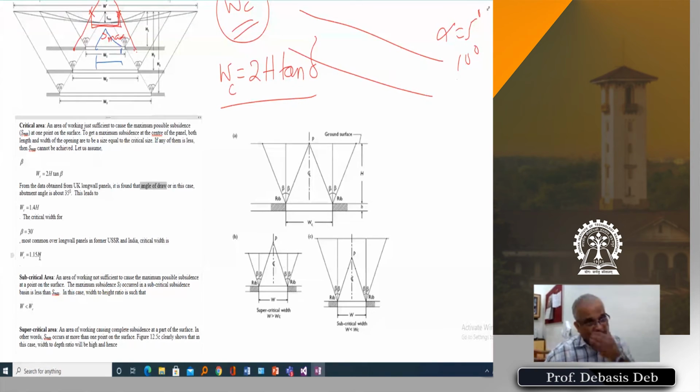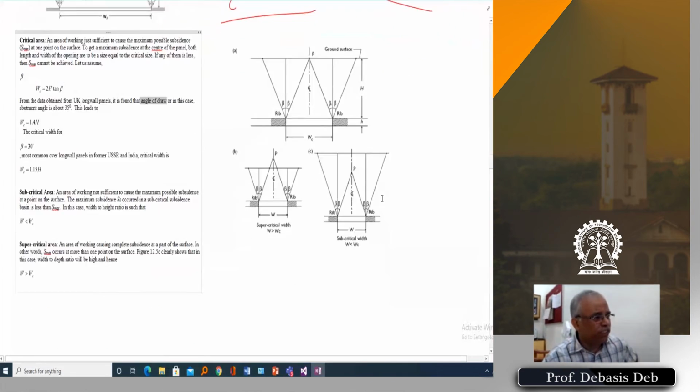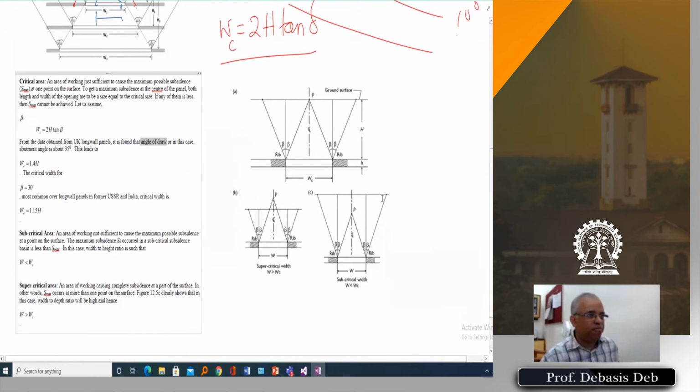They are doing just 250 meters, so that will also be in the subcritical zone. And with measurement, we are also seeing that this is subcritical.